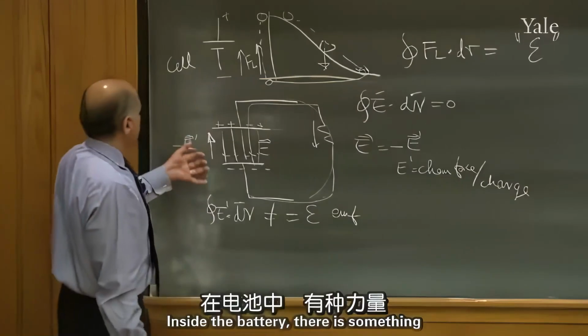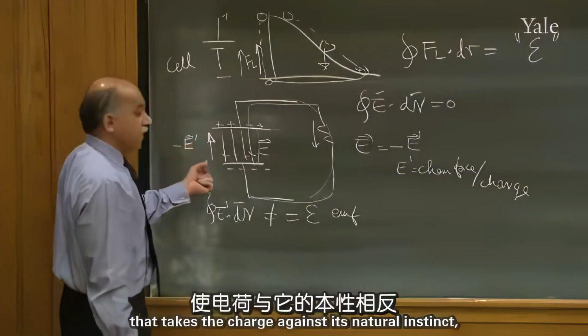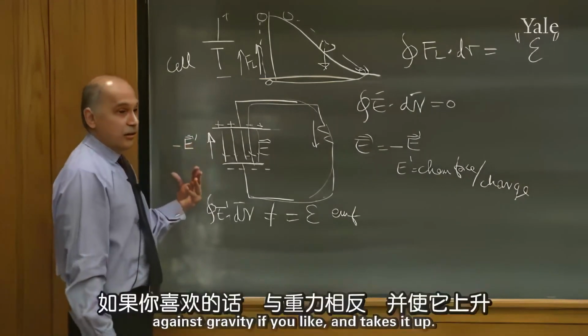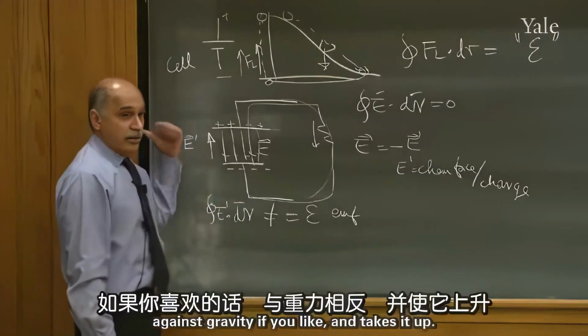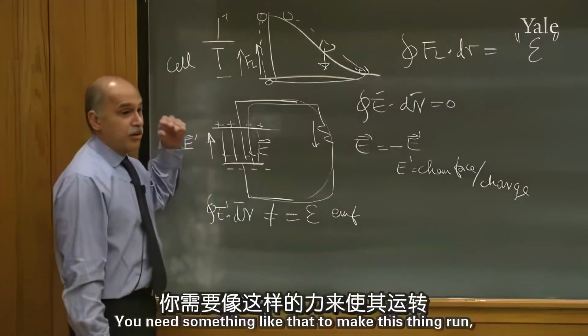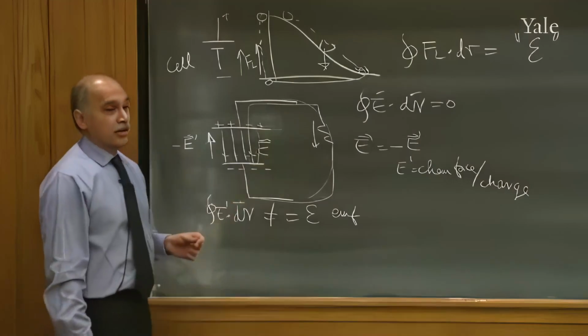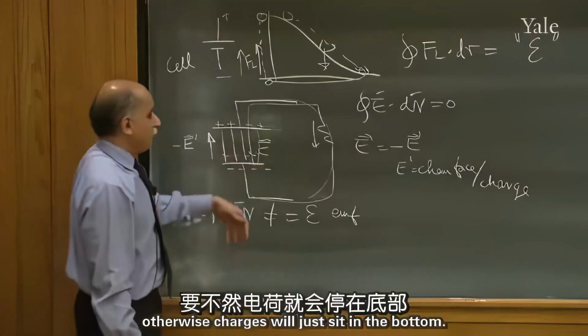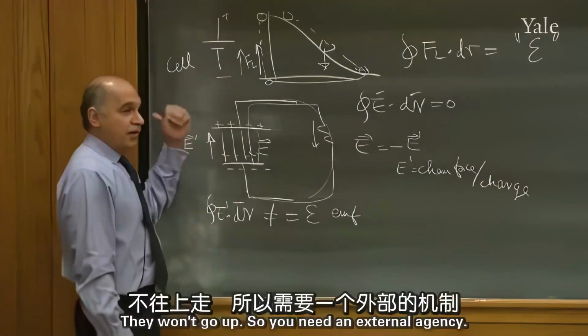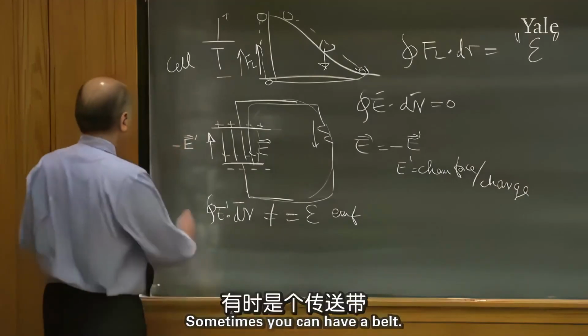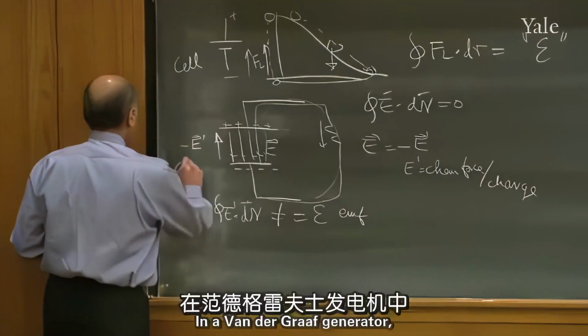Inside the battery, there is something that takes a charge against its natural instinct, against gravity, if you like, and takes it up. You need something like that to make this thing run. Otherwise, charges will just sit in the bottom. They won't go up. So you need an external agency. Sometimes you can have a belt in a Van de Graaff generator.